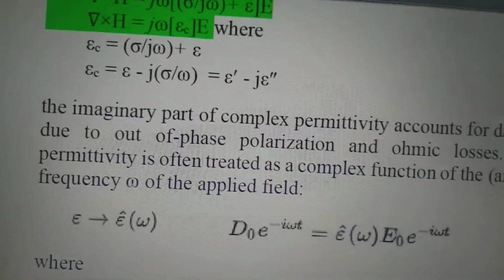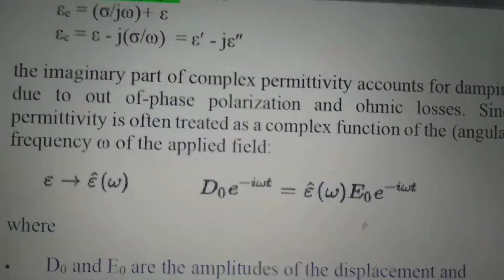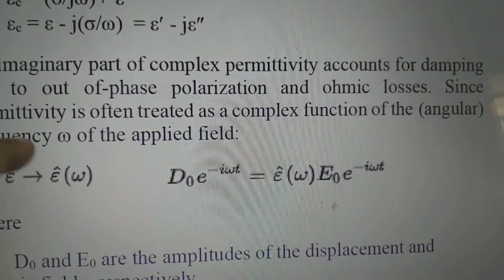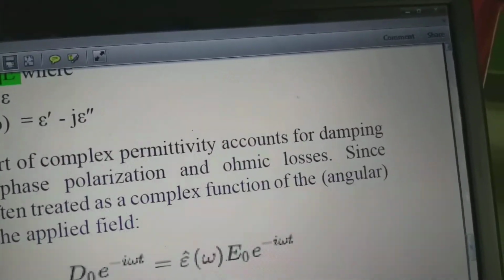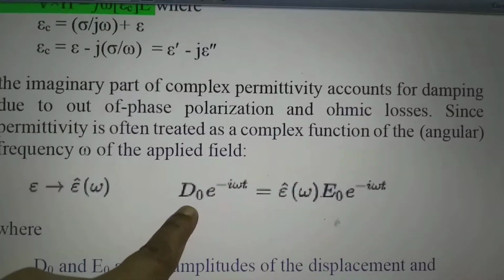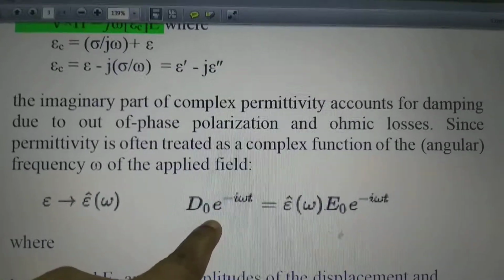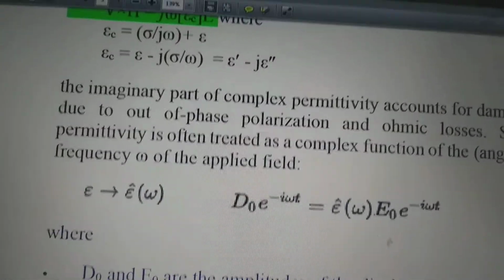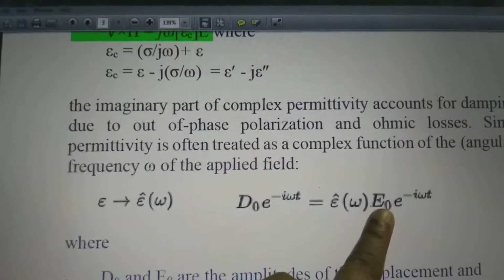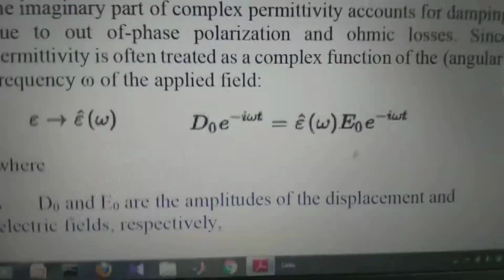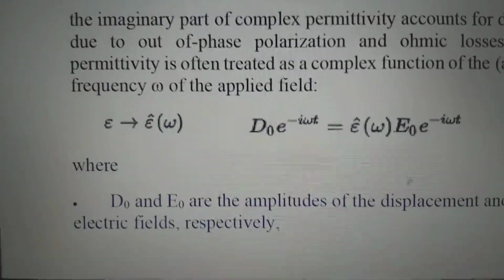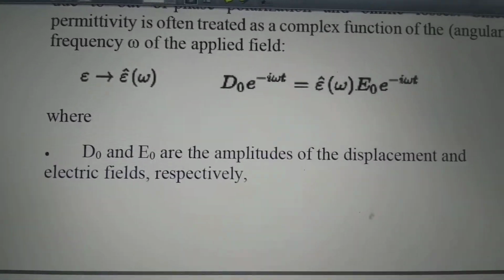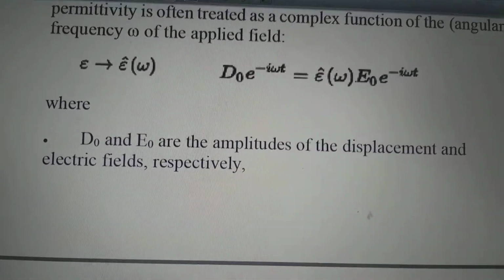Since the permittivity is complex, it is written as epsilon of omega because it depends on the frequency. So the displacement flux density D naught e power minus j omega t is equal to, generally D is equal to epsilon E, so E naught into epsilon of omega, where D naught and E naught are the amplitudes of the displacement and electric fields.